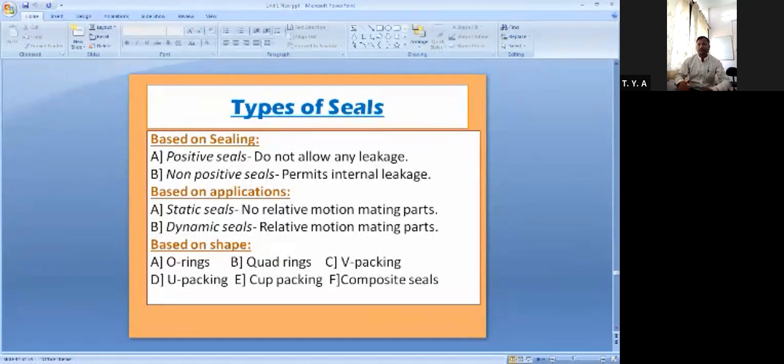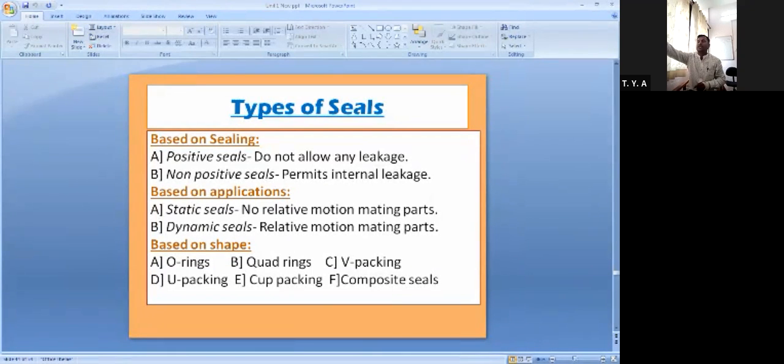So I was talking about the types of seals. Based on sealing we have seen the positive seals and the non-positive seals. Now let us move forward to the second one, based on the application: the static seals and the dynamic seals.